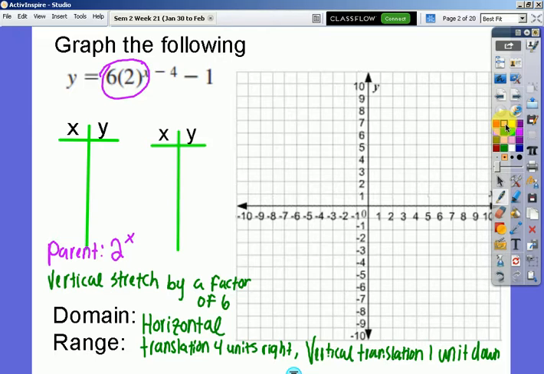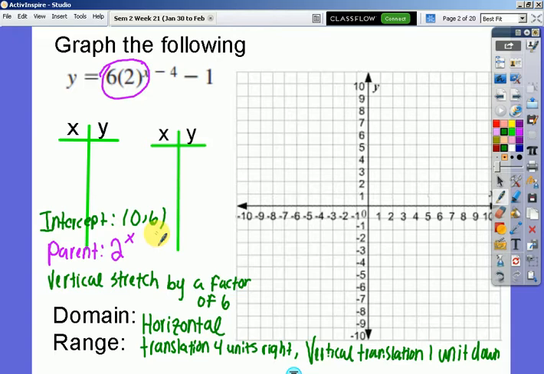Okay? So when you're studying for this, make sure you remember that if I ask you on a quiz, tell me what the parent is, describe the transformation, identify the y-intercept, you'll be able to say that my intercept is 0, 6. Now if you don't remember that rule, then just plug in 0 for x and solve for the intercept yourself, right?